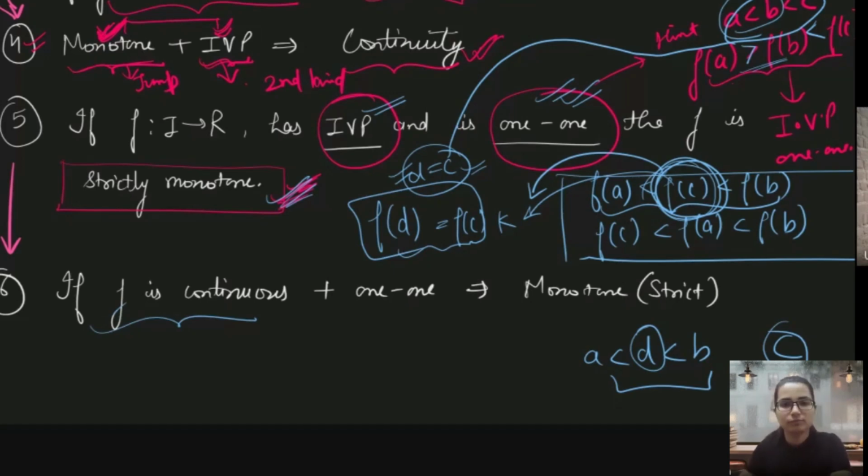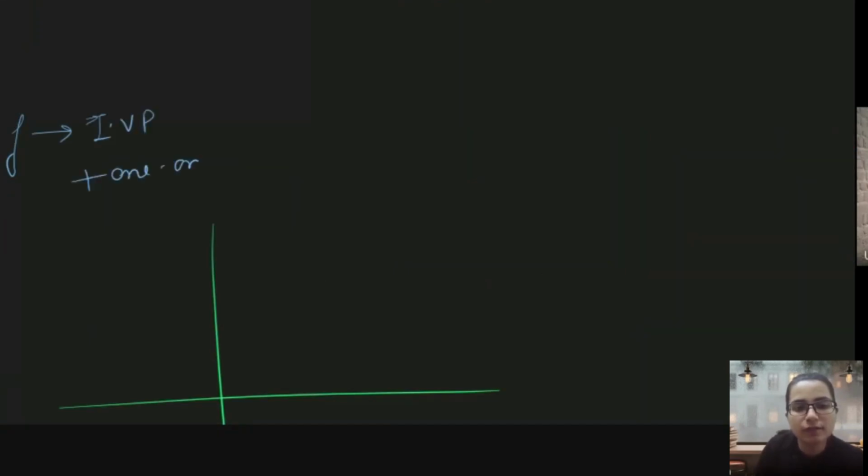I said f has IVP, plus I said that f is 1-1, then f is strictly monotone.